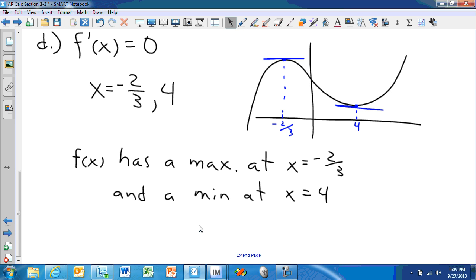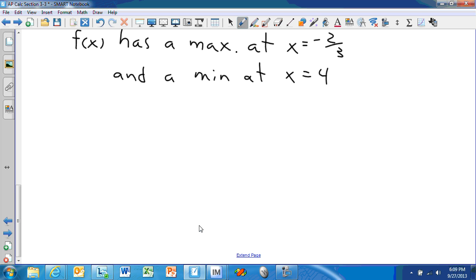All right, take a look at the last part of this example. It says for part E, plot the graph of g of x equals f of x plus 10. It later asks you in this question how the graph of g is related to the graph of f.